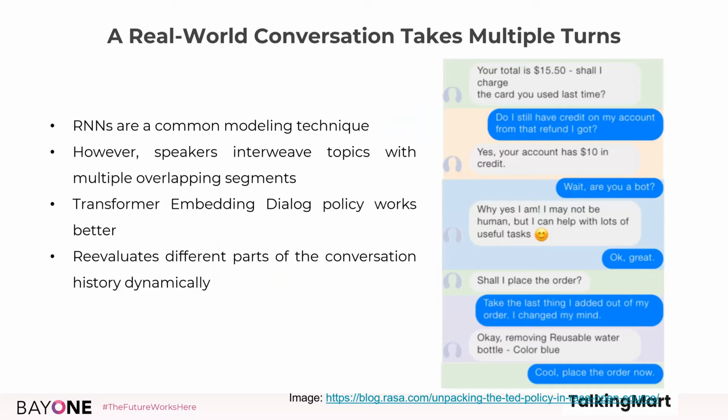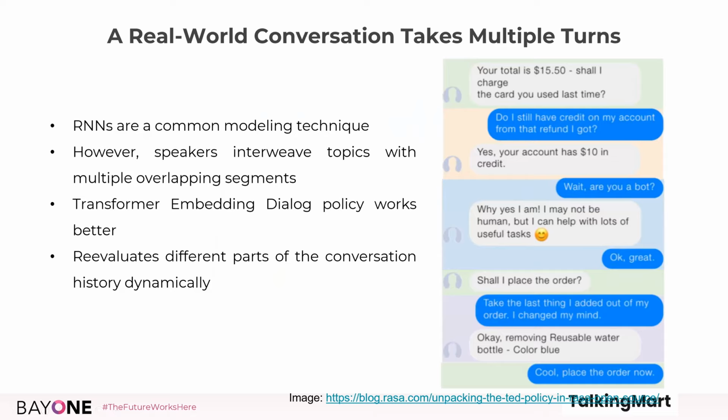And so how do you solve this? One of the techniques, and Suva briefly touched on it, is RNNs, recurrent neural networks. They are very common modeling techniques. But I'd like you to see this one example here. Take a moment to read it. A real world conversation typically takes multiple turns.